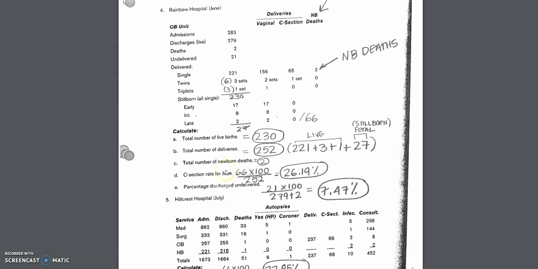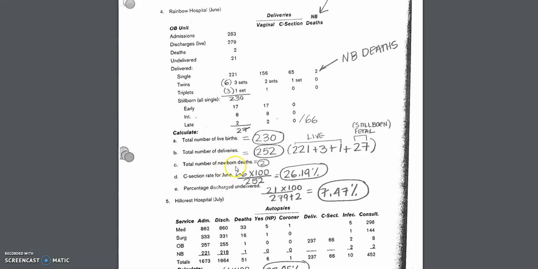So percentage undelivered, and as your book discussed under other rates, right? Other rates on page 161. You have to figure out basically the actual delivery potential. And so the percentage of patients that were discharged undelivered, so you need the 21 undelivered patients. That's your actual group multiplied by 100.